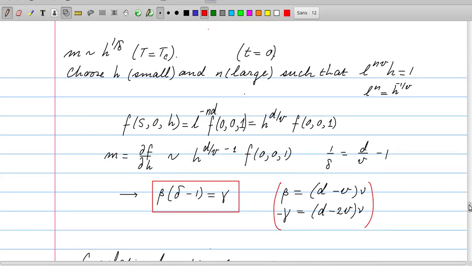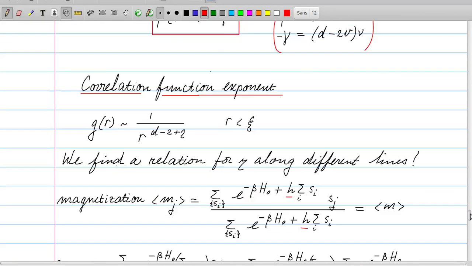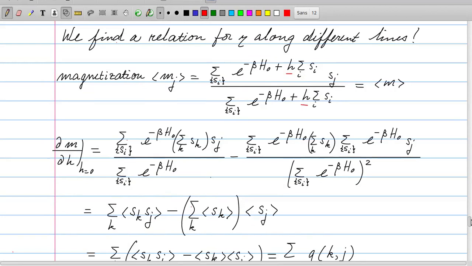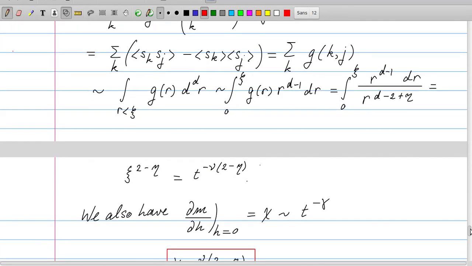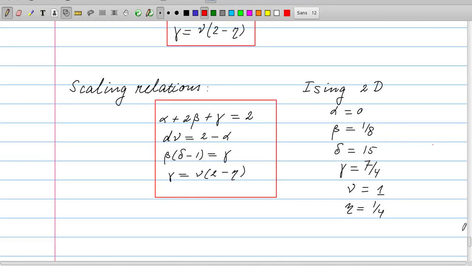And then we go to this d over v minus 1 for the delta, no y. And so we see finally that here there is also no y. So in all the relations which led to these scaling relations, there was only a dependence on either the z or the v or both.